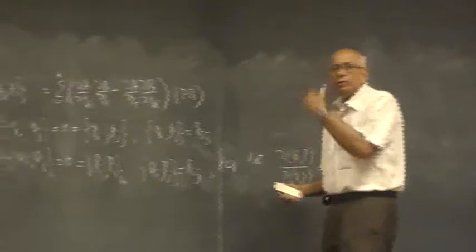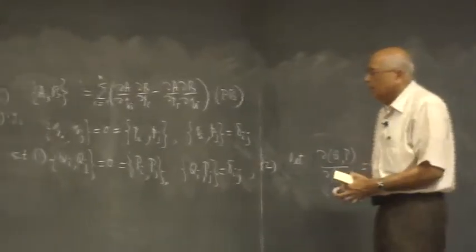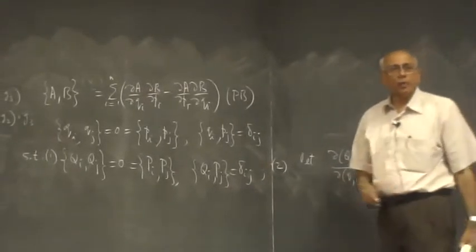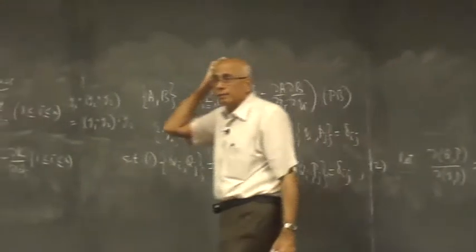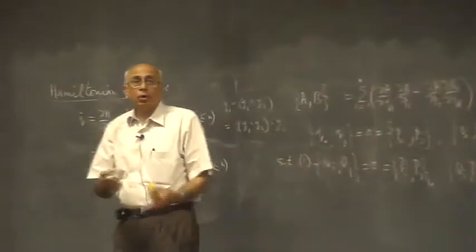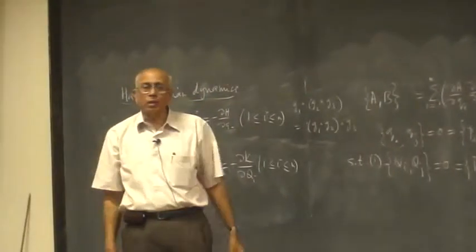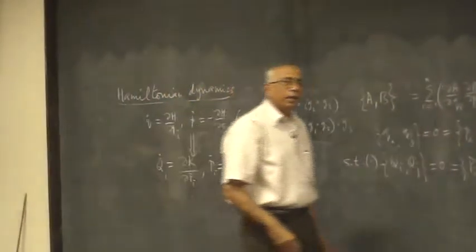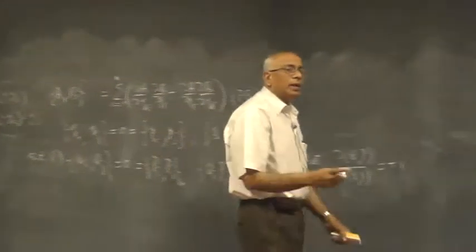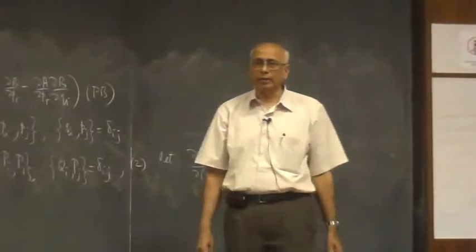Well, let's go back to our friend the Lagrangian framework and ask, in a Lagrangian framework, what preserves the action? Because that's what, after all, the action doesn't change, then the equations of motion don't change at all. So what preserves the action? Any change in the Lagrangian by a total time derivative preserves the action, right?